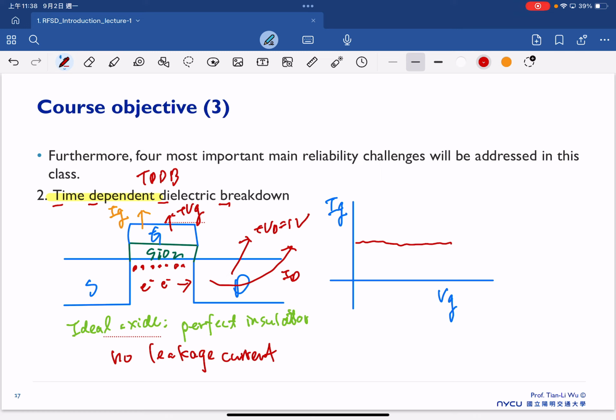Although it can be very small, depending on how good your dielectric is or how large your bias is, you can always sense a small amount of gate leakage current. So although it is a perfect insulator, how come we can still have leakage current go through? That's why we need to bring in quantum physics here.